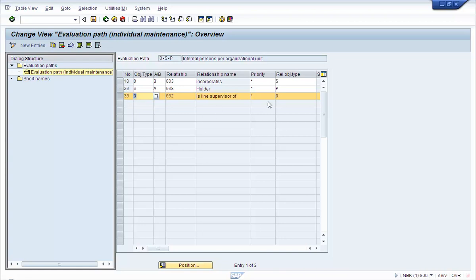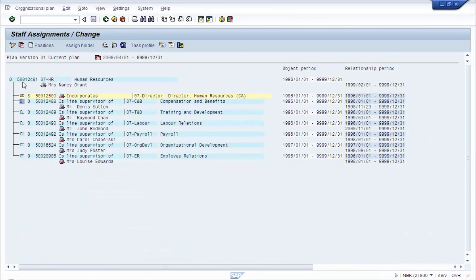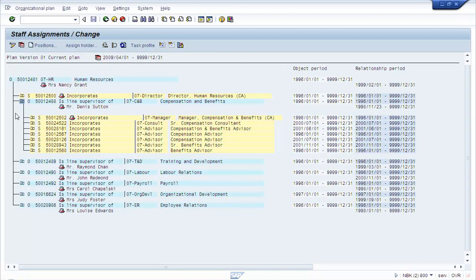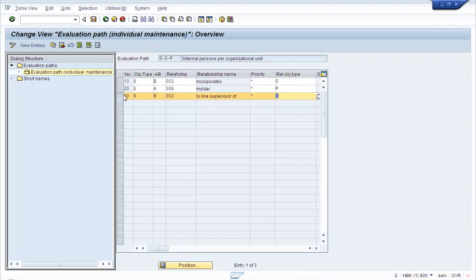So the org unit O is a line supervisor of O. This org unit, let's say, becomes a line supervisor of this org unit. If this is the starting node, the system would read according to the third row.